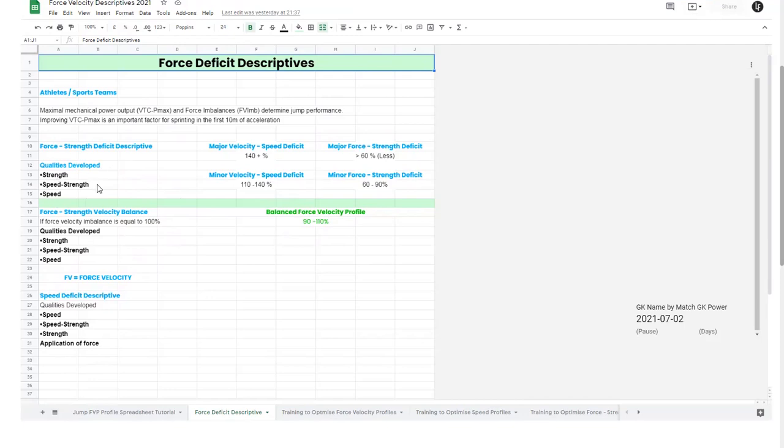So qualities developed, if you had a strength deficit, would be strength and speed. If you were balanced, then strength and speed. If you had a speed deficit, this is what you would need in the application of force.